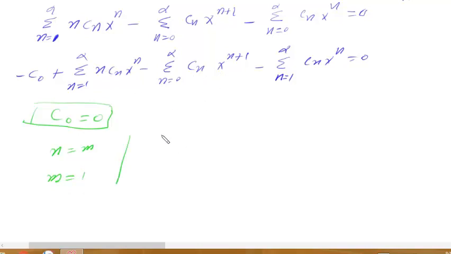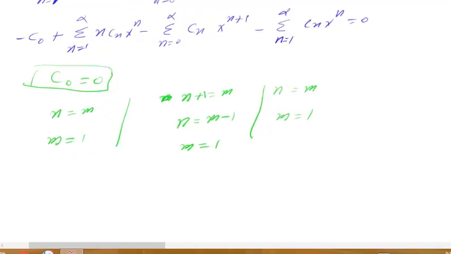Now for this one, n + 1 = m, so n = m - 1, and when we put n = 0, the limit of m is 1.